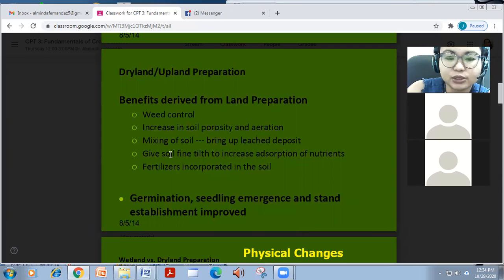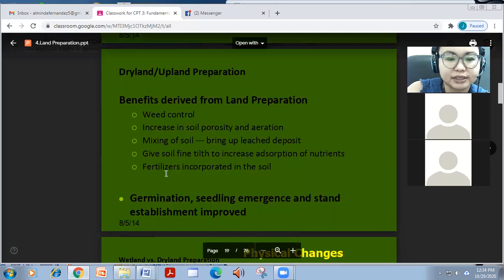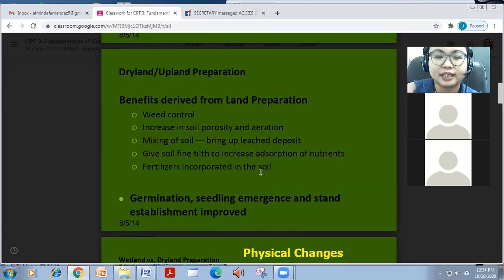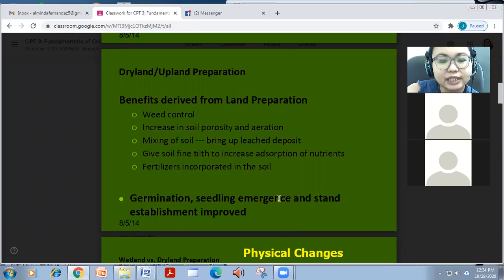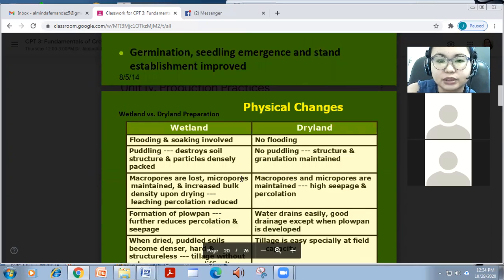And it will give soil fine tilth or fine texture, which will increase absorption of nutrients and the fertilizer incorporated into the soil. So these are all good for germination, seedling emergence, and stand establishment.